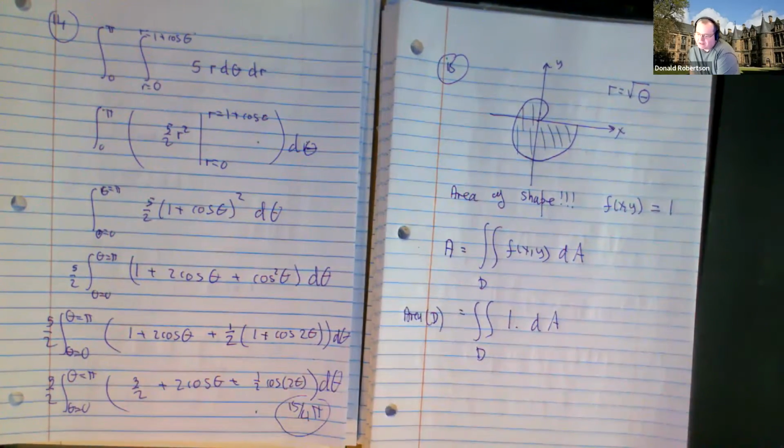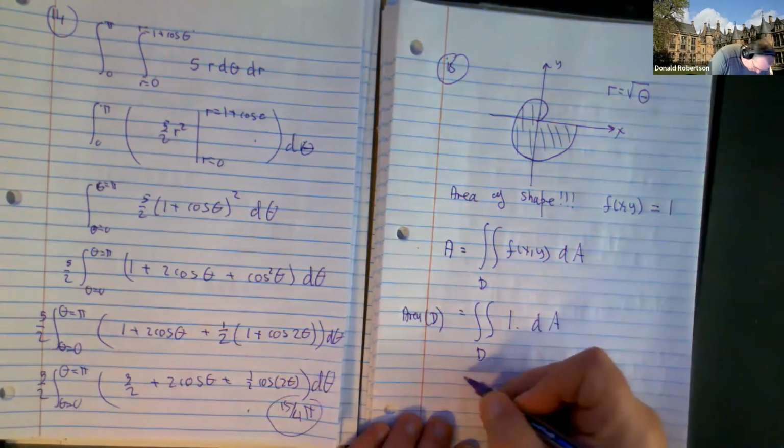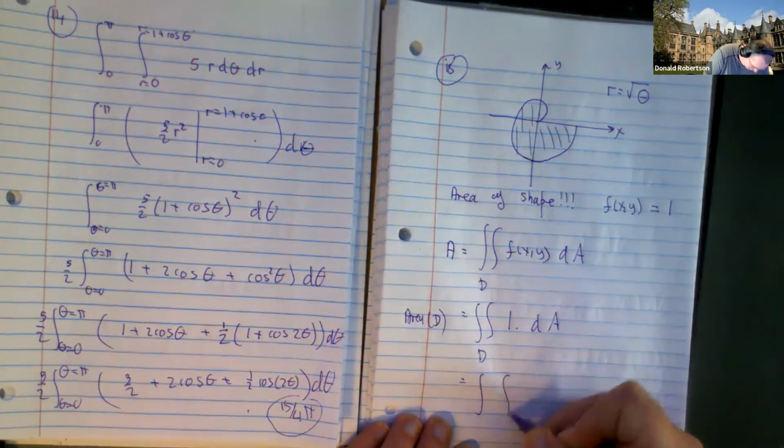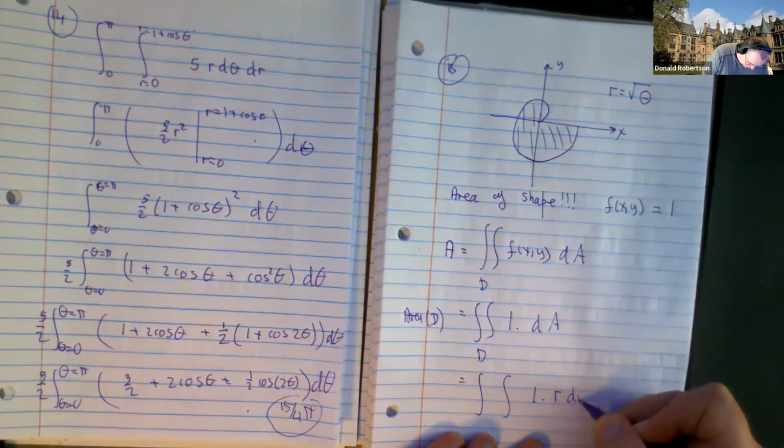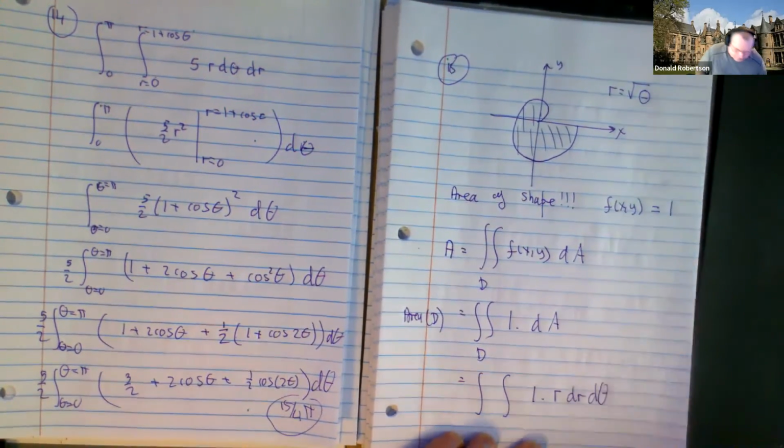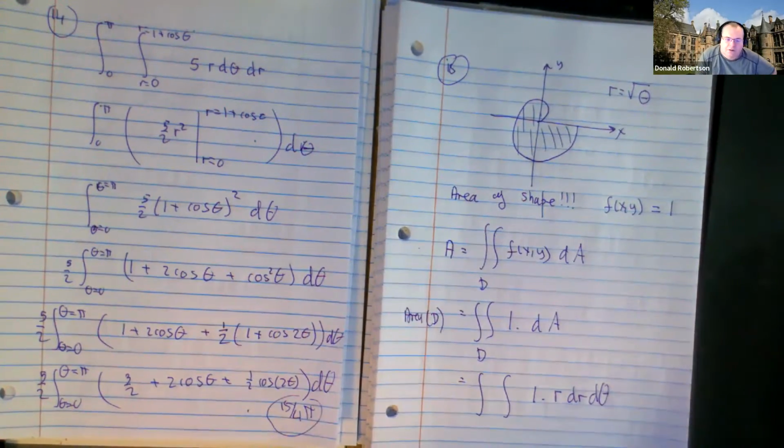So if you want to find the area of any shape, can't you just do a double integral with a 1? Kind of clever, right? Now, that's going to be 2 guys that I haven't done yet. 1 times R, dr, d theta. So far, so good.